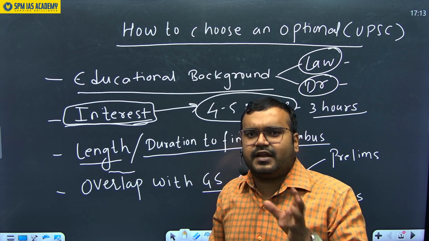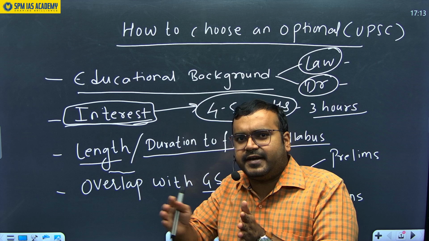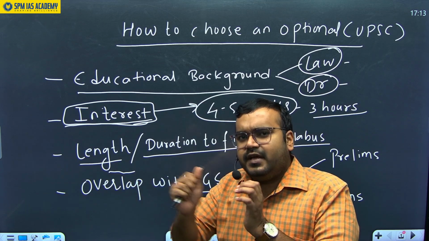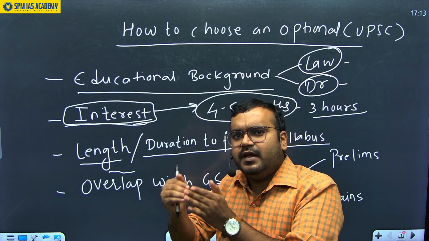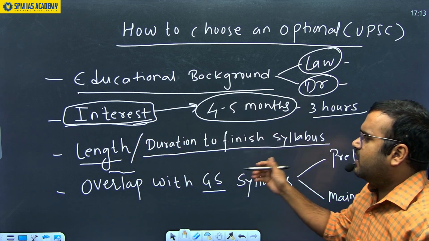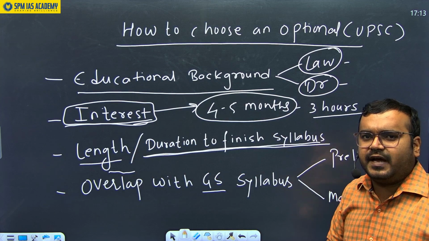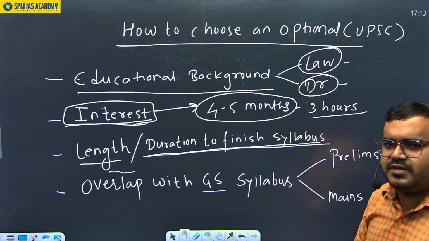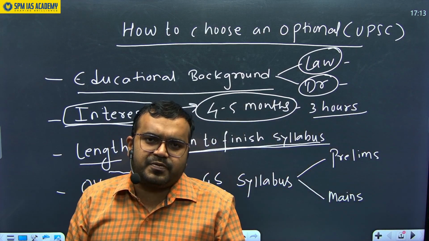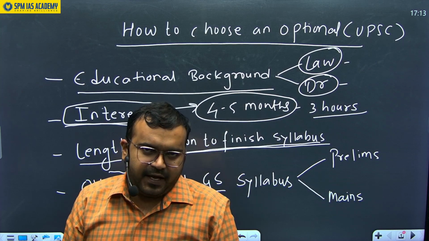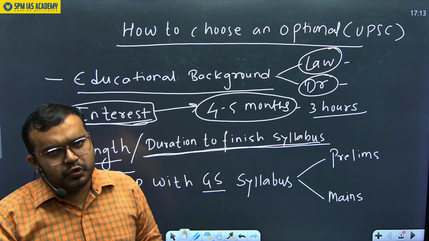There are a few syllabi which are explained in a very detailed manner, such as the syllabus of history, or other optionals also, right, where you will need to understand how many days you are going to take to finish that particular optional. There are certain optionals which are shorter in a sense, and then there are other optionals which are relatively lengthier, right? This is also one of the parameters from where you can choose your optional.